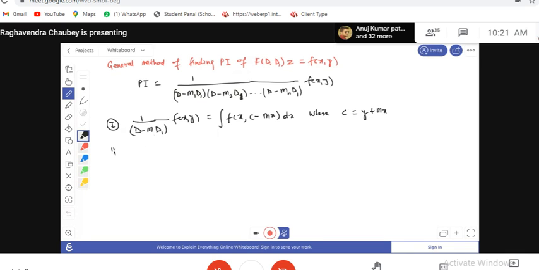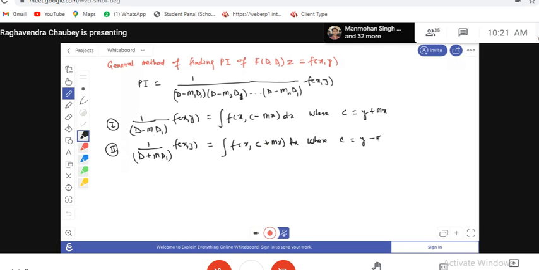In the second case, when the sign is plus, 1 over (D plus m D1) of this function equals the integral of f(x, c plus mx) dx, where c is y minus mx. So these are the general methods.